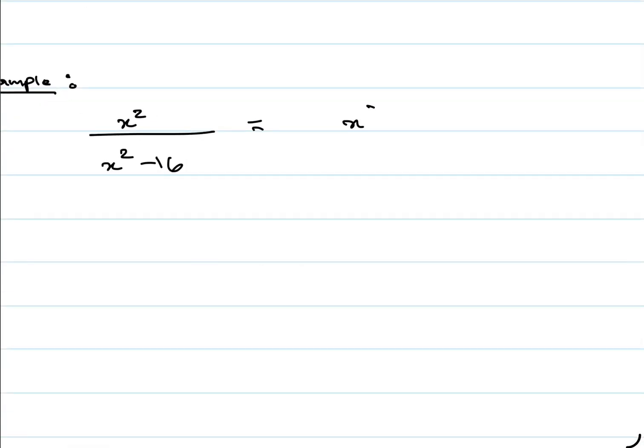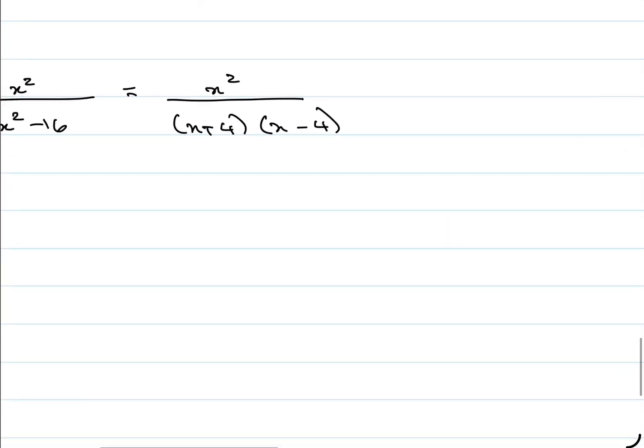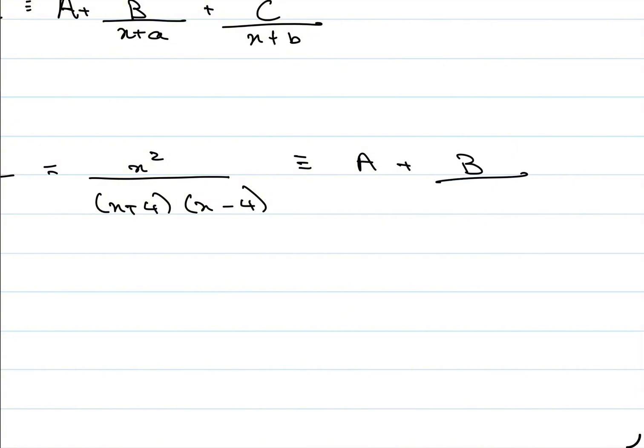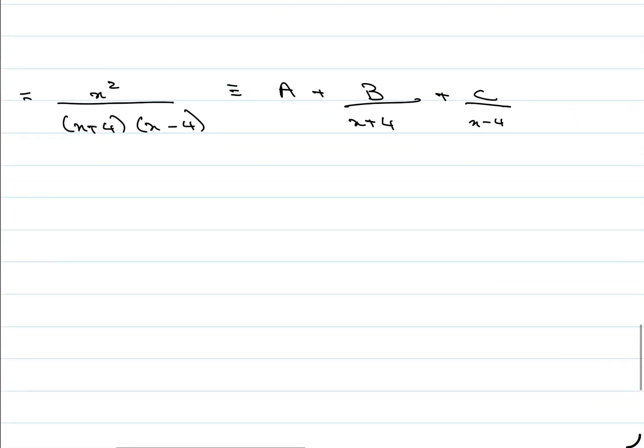So we can turn x squared minus 16 into x plus 4, x minus 4, right? Now to break this, we put in that form a plus b upon x plus 4 plus c upon x minus 4. Our first step, as always, is LCM.